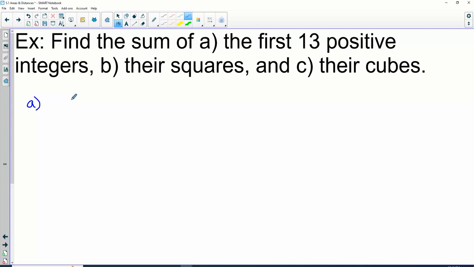So find the sum of the first 13 positive integers. So I'm going to add up from 1 to 13. If it's just the integers, I'm just adding up i. So what's the formula for i? And n is my top number, so 13 times (n plus 1), which is 14.